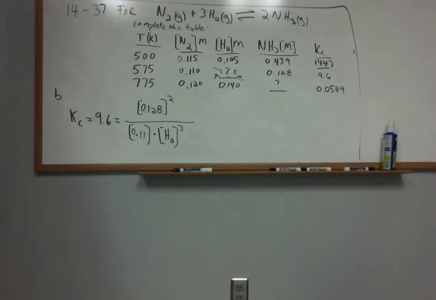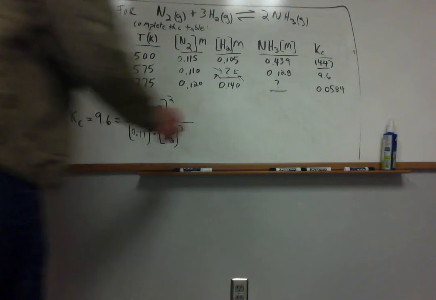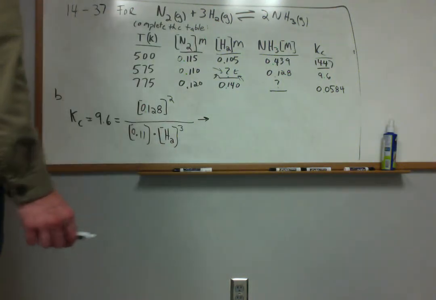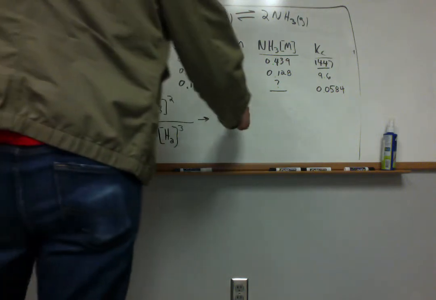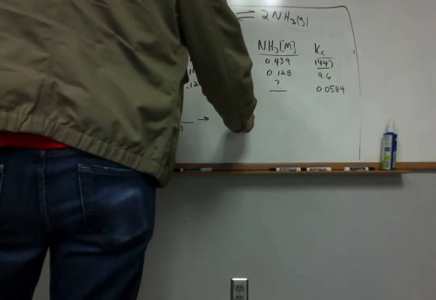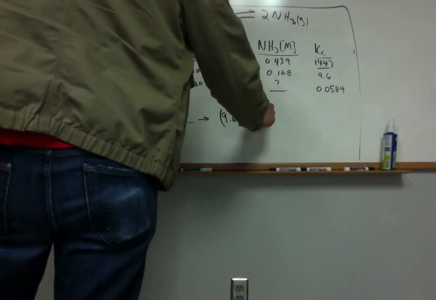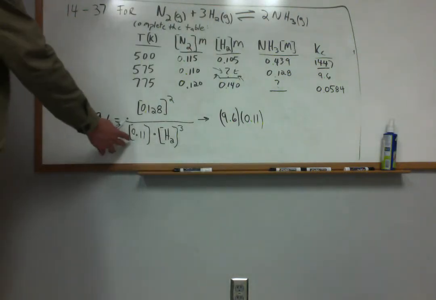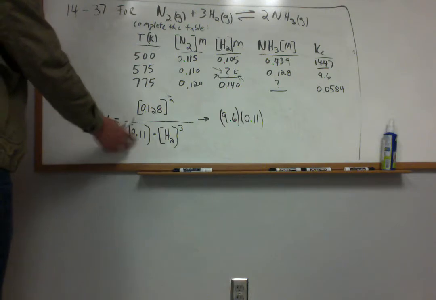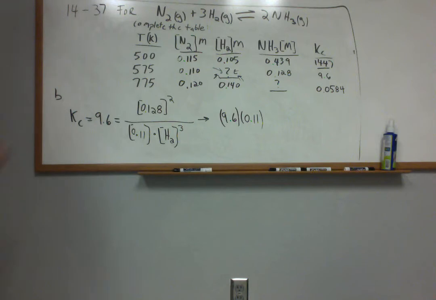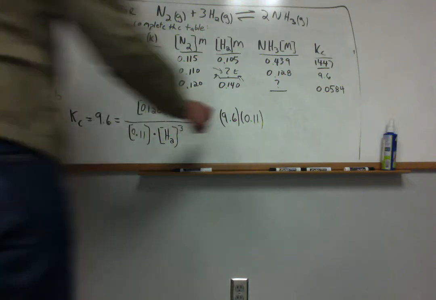So the first thing I would probably do, as I was looking at this, is I would try to isolate this variable first, okay? And I'd likely do that by doing something like 9.6 multiplied times 0.11. So I multiply both sides by 0.11, so it clears this fraction. I multiply it by this as well to get that. Okay, so I bring that out basically. And then I would also work to divide by this number, okay?